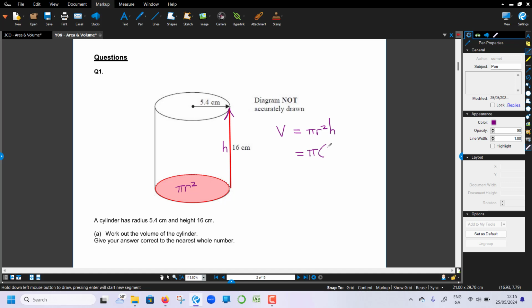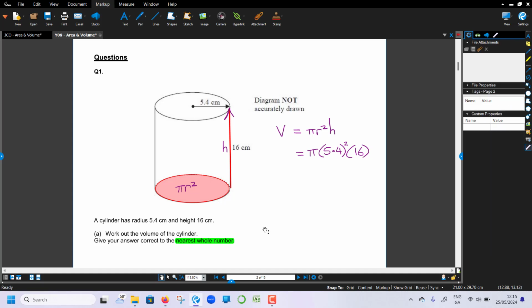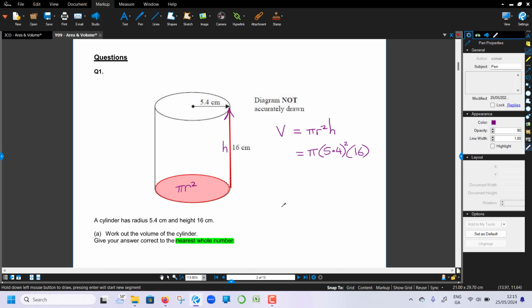So volume is pi, r is 5.4 squared, times h. It's the very same as the junior cert ordinary level question, to be honest, except the number is a little bit different. Work out the volume. Now they want it correct to the nearest whole number. So do not give the people who are marking it the pleasure of taking marks off you.